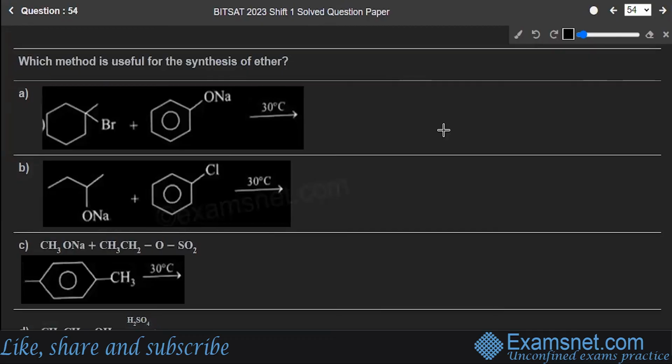Which method is useful for synthesis of ether out of these? See, in the synthesis of ether at 443 Kelvin, compound in the D option will produce.